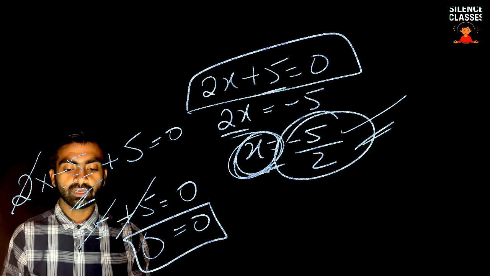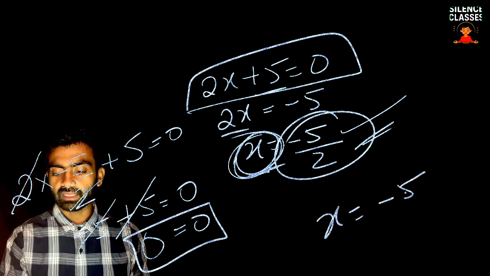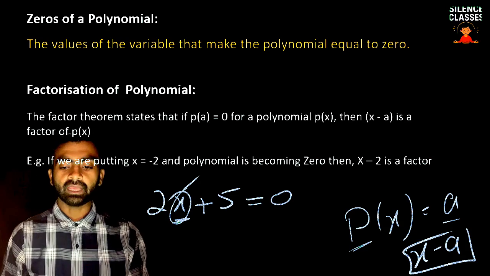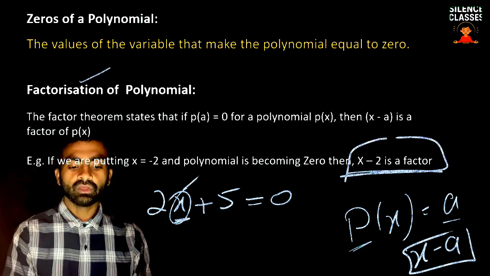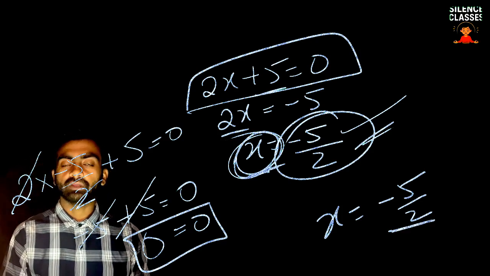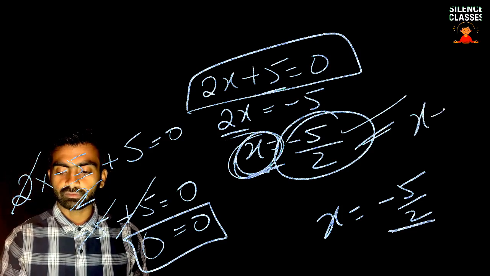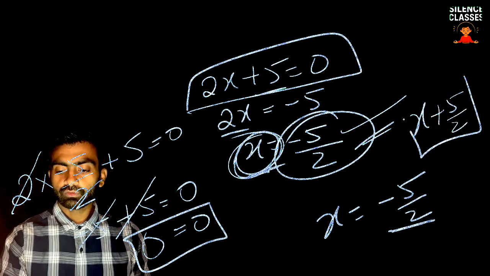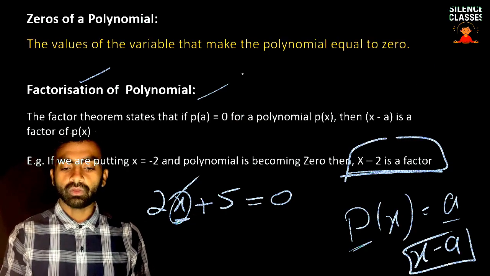Like this, over here I have written that x equals minus 5 upon 2, and if we have to find the factor of this polynomial, we have to move this to the right hand side, so it will become x plus 5 upon 2. So this is the factor of the polynomial.